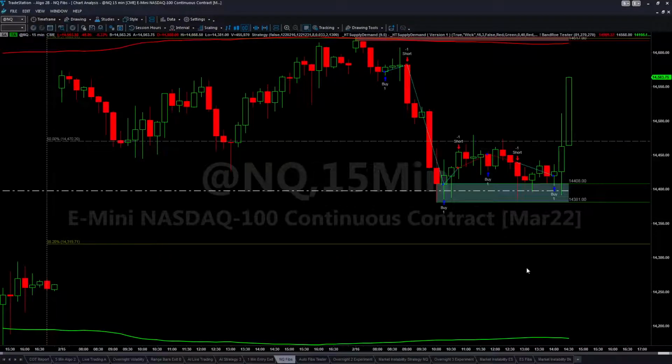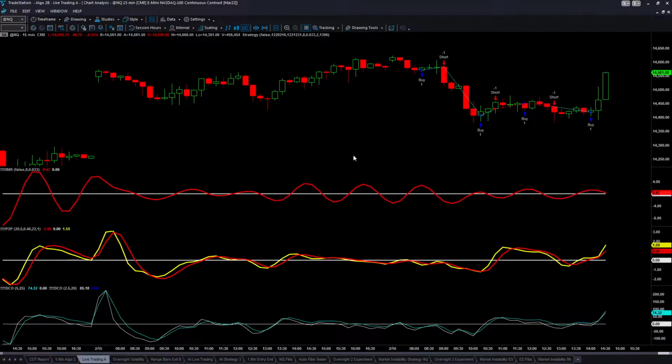See where I'm at on the NQ right here. Wow, $1,400 already up. Nice. Let me check to see how much more this has got.